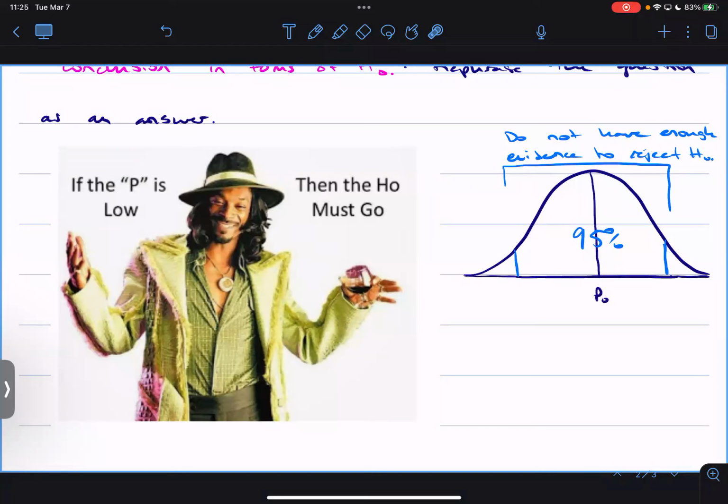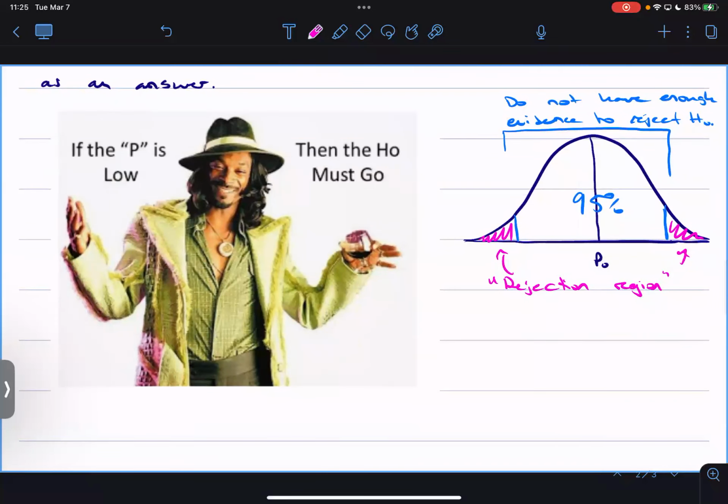And then anything else, so once you move out into the tails, this is your rejection region, where you have enough evidence to reject H0.